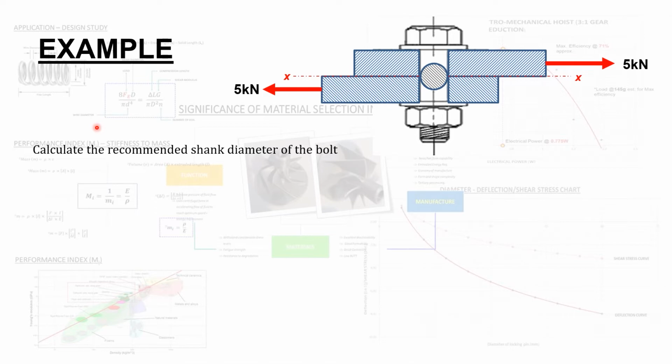To work through this problem, we're going to make some assumptions. The first assumption is that the material for the bolt is fabricated from steel. So the yield stress of steel, we're more or less going to assume to be around 200, or let's just use 210 MPa. All right, so 210 MPa.